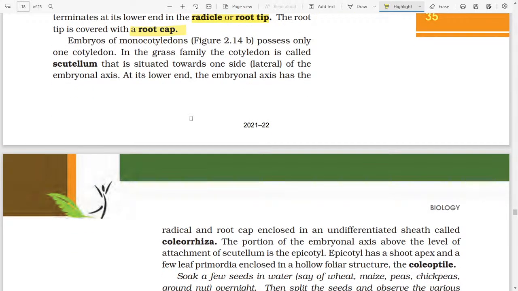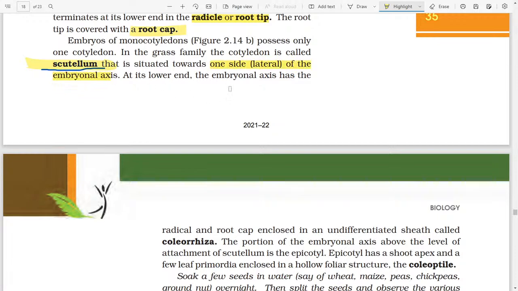The embryo of a monocotyledon possesses only one cotyledon. In the grass family, the cotyledon is known as the scutellum, which is situated towards one lateral side of the embryonal axis.